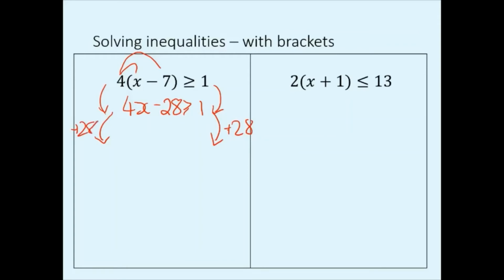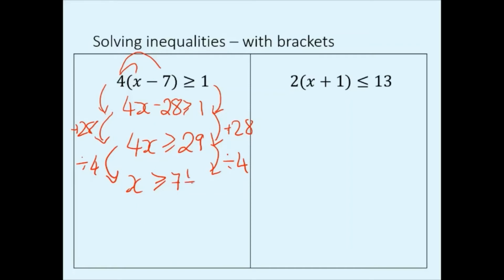That will cancel out the 28, so it'll leave me with 4x is greater than or equal to 29. Now, it's not going to give me a nice number, but I'm still going to have to divide by 4 on both sides, which will give me x is greater than or equal to 7 1/4.